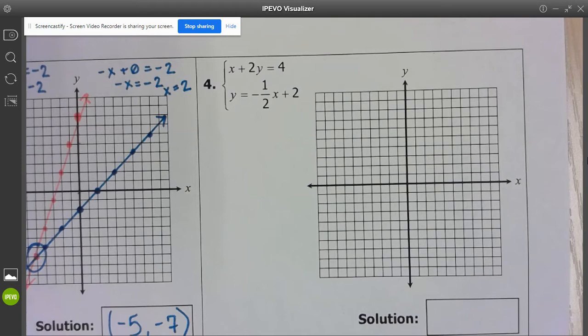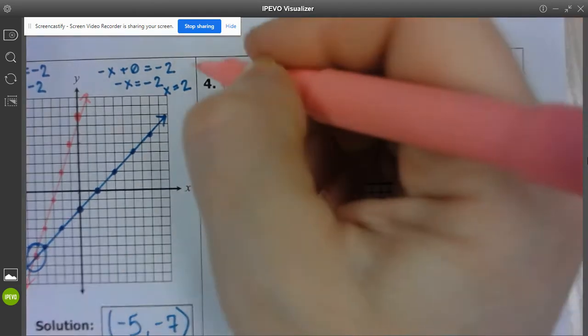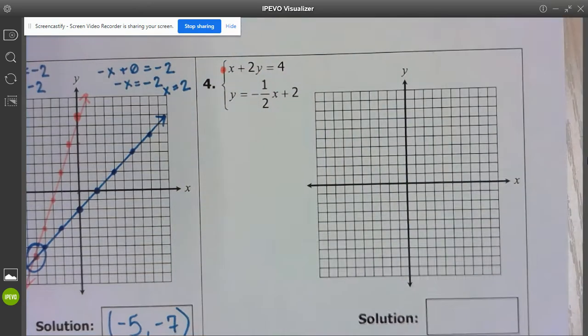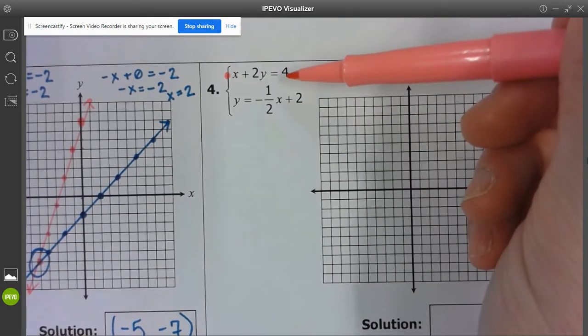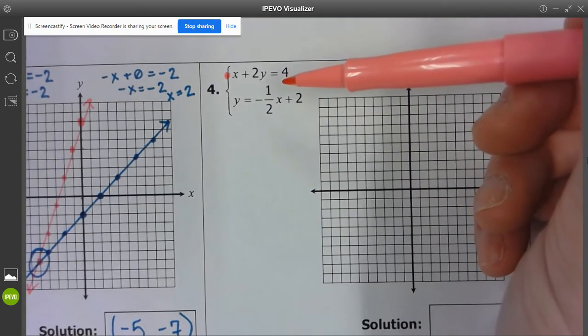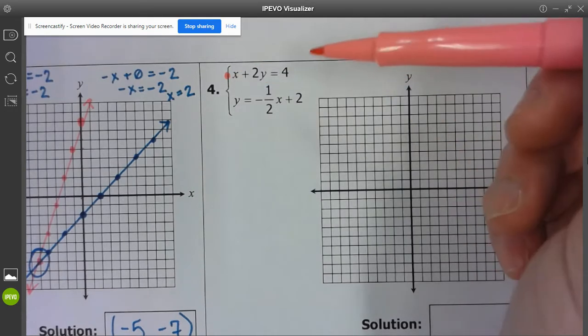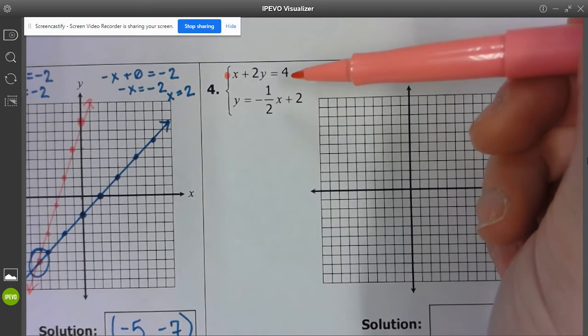X plus 2y equals 4. That is standard form. Now, if I look quickly at the coefficients for x and y, if they are both evenly divisible into 4, I am good. Does 1 divide 4 evenly? Yes, it does.